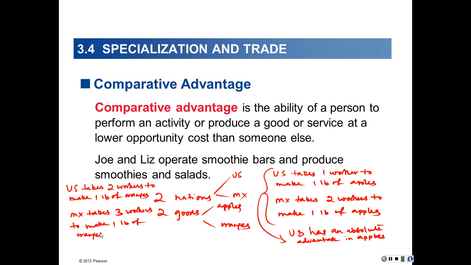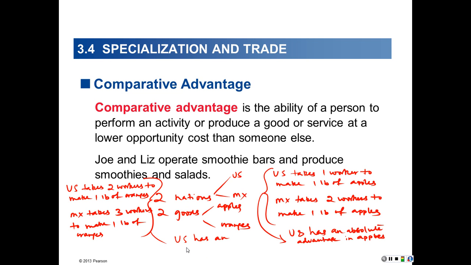Now, given these numbers here, we would deduce that which country then has an absolute advantage in oranges? Which country has an absolute advantage in oranges? The US again, correct?